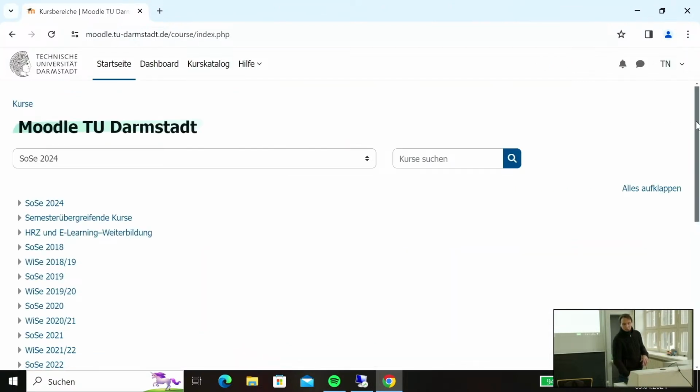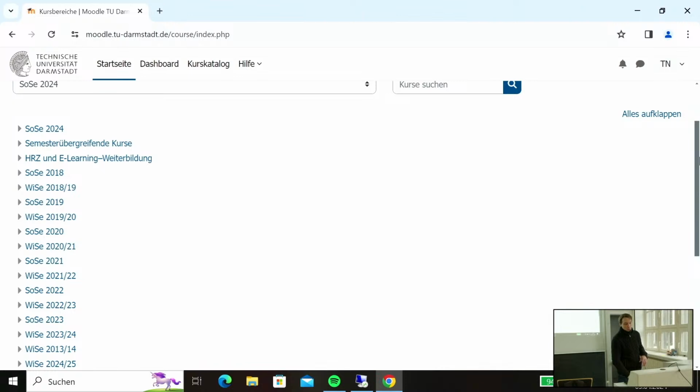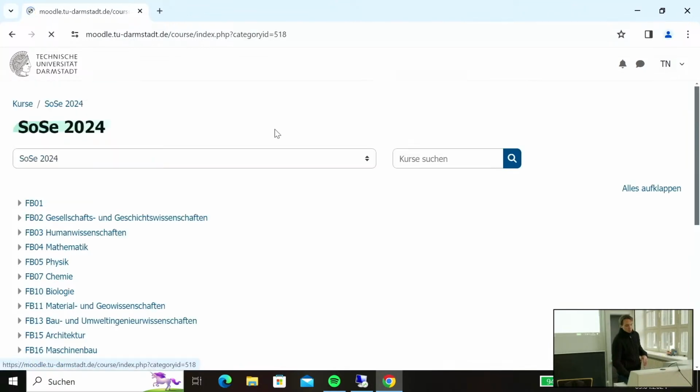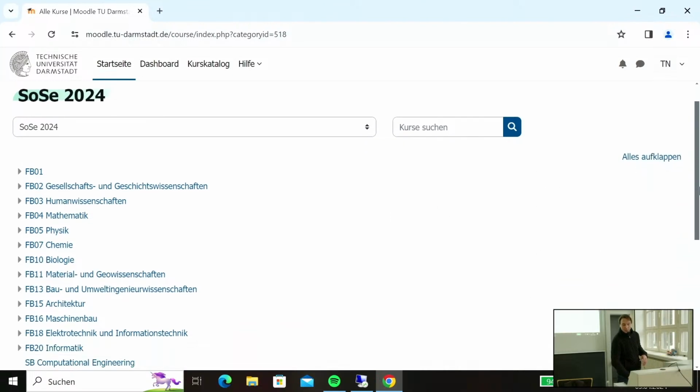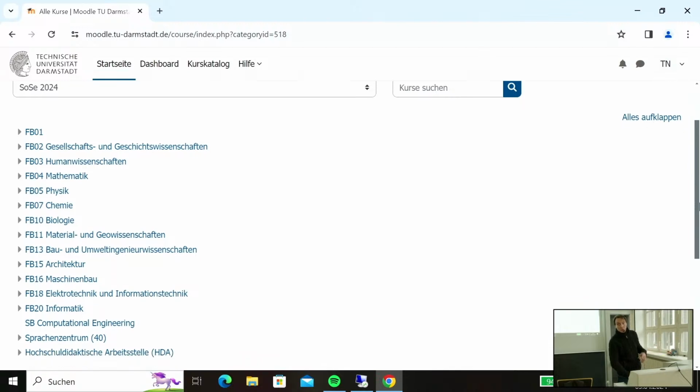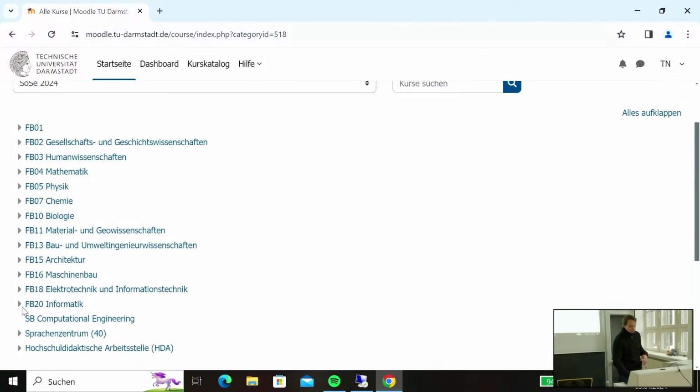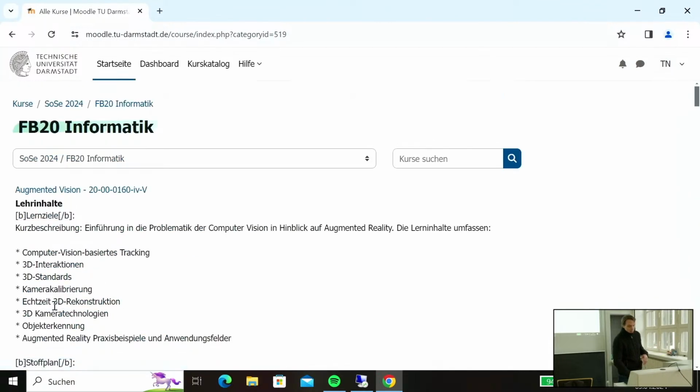In this scenario here with the central Moodle system, you of course have Moodle courses also from the other departments. Therefore it's just ordered by the semester first of all. And if you steer into the semester, you would see all the offers from the different departments. So if you're interested, for example, in gathering material from any other course, have a look whether you can enroll into one of the courses here and gather the material.